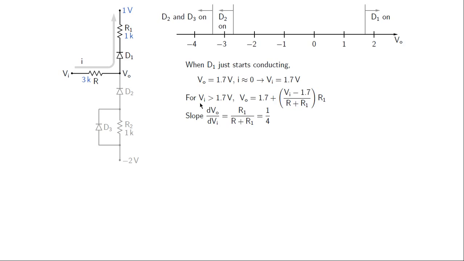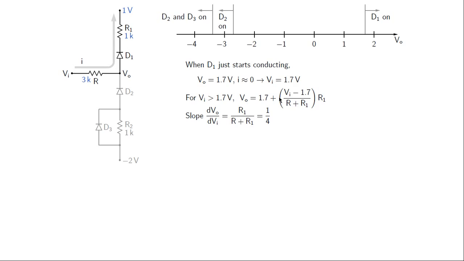When VI is increased beyond 1.7 volts, this current starts increasing, and then let us see what VO is. VO is 1 volt plus 0.7 volts here plus this voltage drop, that means I times R1. And what is I? I is given by VI minus 1 volt minus 0.7 volts divided by R plus R1.